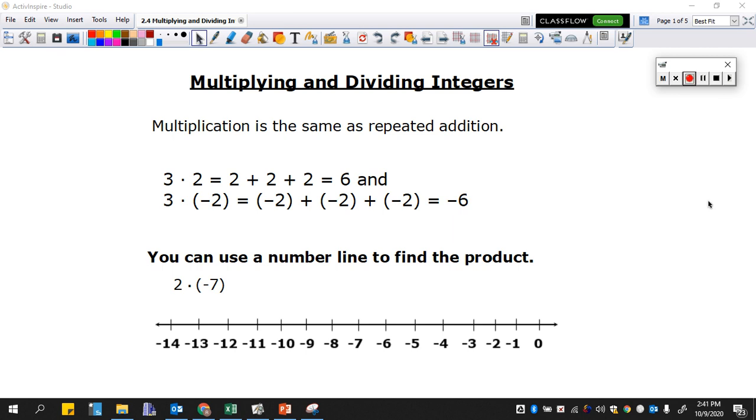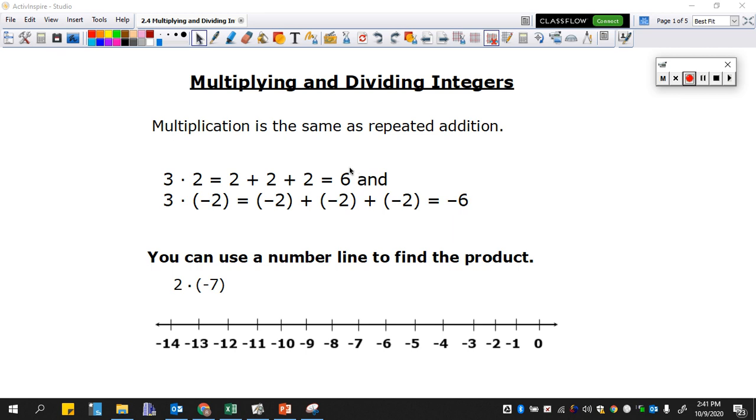For example, 3 times 2 is the same thing as adding 2 three times, right? So in other words, 2 plus 2 plus 2, adding 2 three times, is equal to 6. And you know that 3 times 2 is 6.